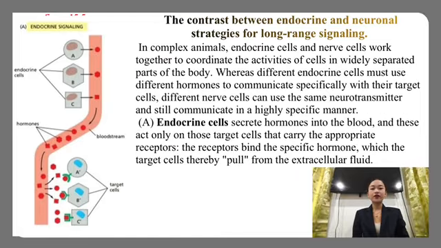The contrast between endocrine cells and neuronal strategies for long-range signaling. Endocrine signaling. As we can see in Part A, endocrine cells release hormones into the bloodstream. These hormones travel long distances and only affect target cells that have the right receptors. So basically, this type of signaling is slower, but it can reach multiple target cells throughout the body.